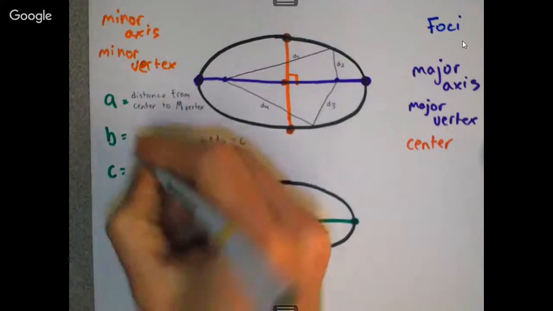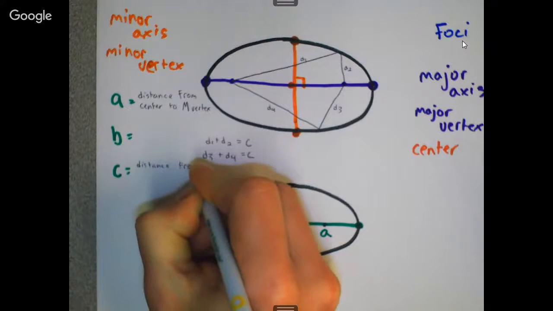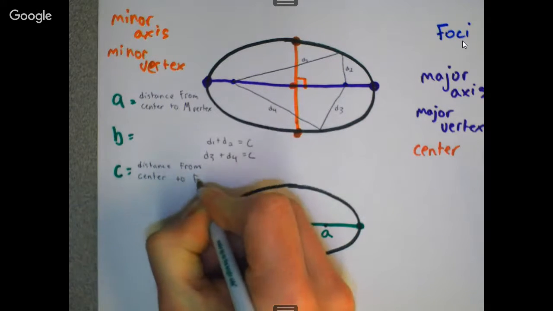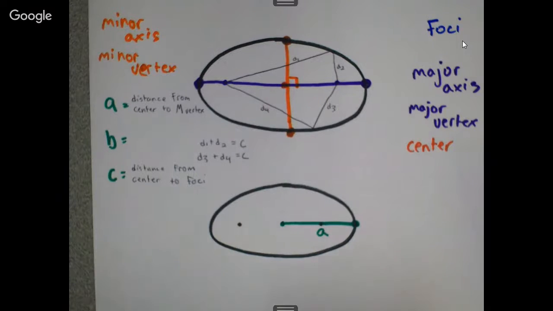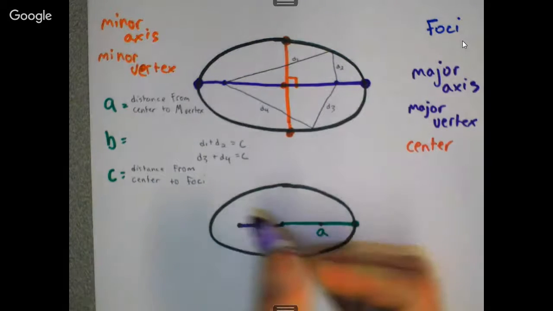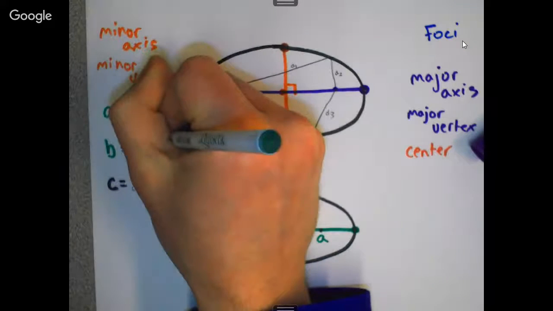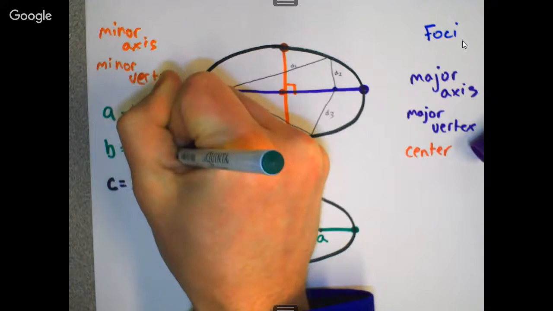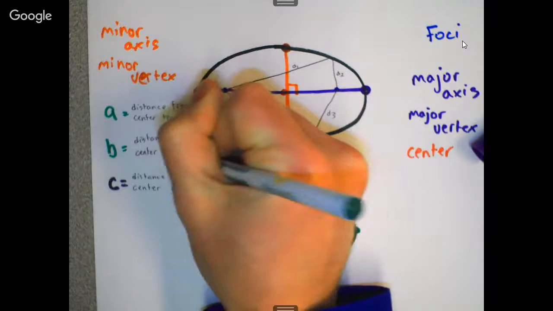Then we'll go to C. C is the distance from center to foci. So we'll use purple for that. And B is the distance from center to your minor vertex.